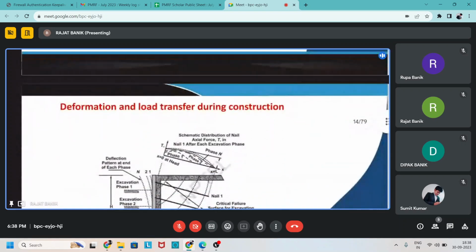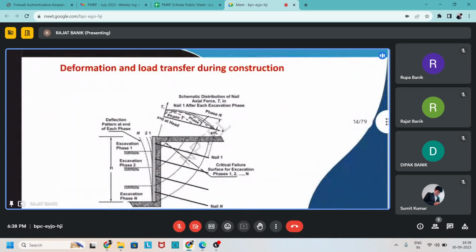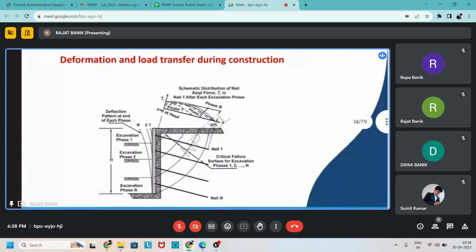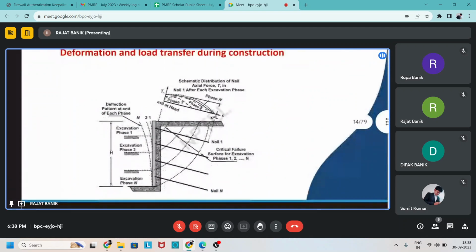Now we discuss the load and deformation transfer during the construction. How is this load transferred to the soil due to deformation during construction? Now we discuss one by one.